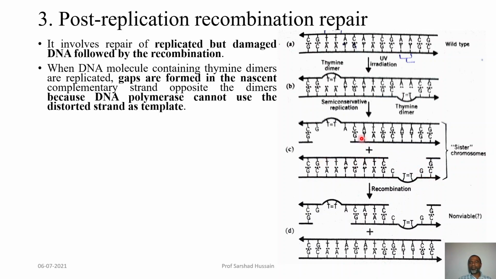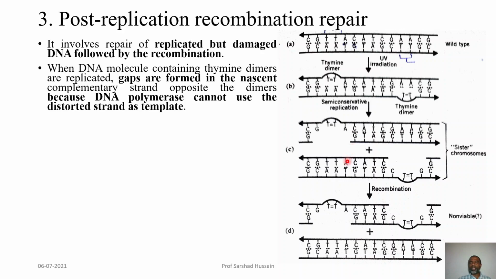So, in this way the newly replicated DNA molecules will have the dimer on one side and the gap on the other side, because after replicating up to a certain point, when the dimer is detected, polymerase is unable to replicate this part. It will leave this part of the DNA and will join the part after crossing the dimer part and will synthesize the rest of the DNA.